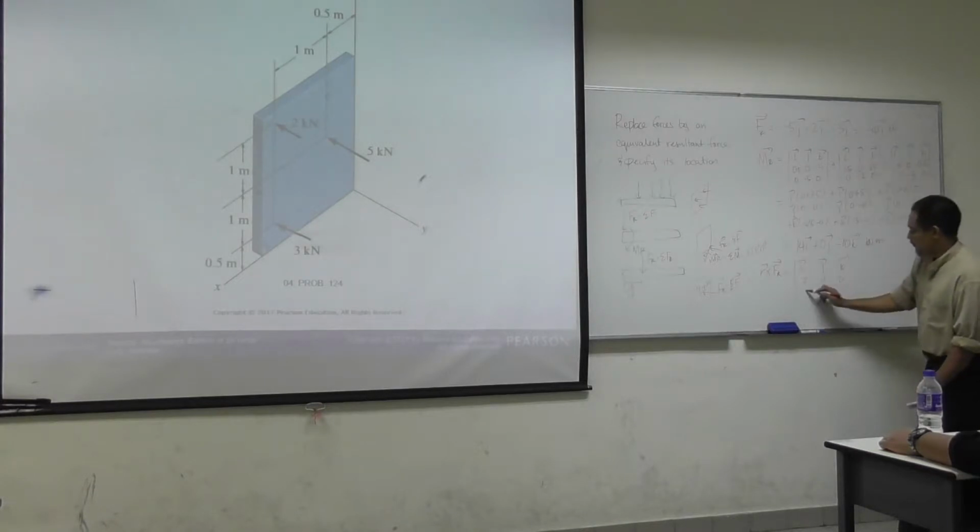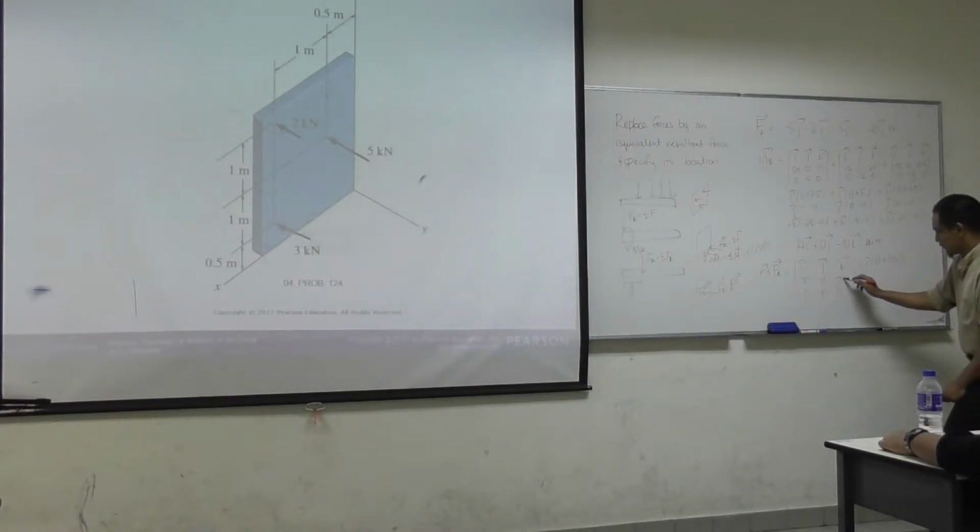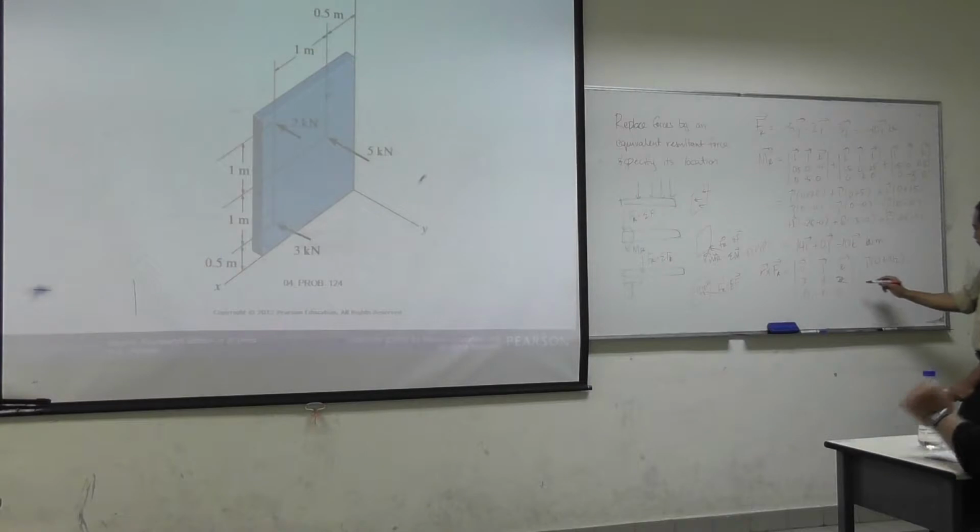This one, okay. Minus 0, minus 10, 0. So if you do this, you get I is 0, 0 plus 10Z, right? Okay, this is Z. Okay. So plus 10Z, right?